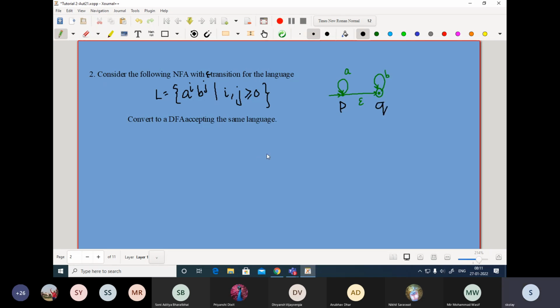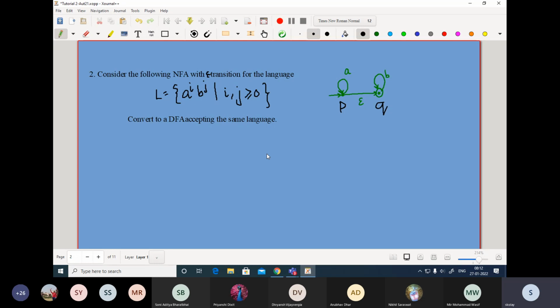Okay, so we'll start with this question. I hope you got some time to go through the write-up that Professor Das prepared for NFAs with epsilon transition and how they do not have more power than a normal NFA or a DFA.